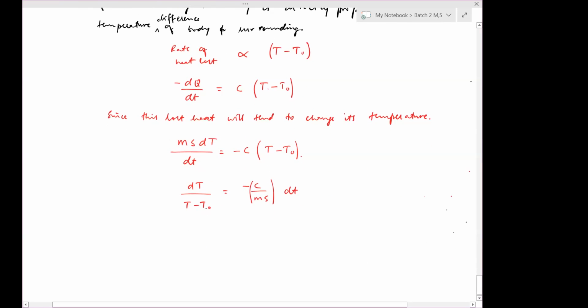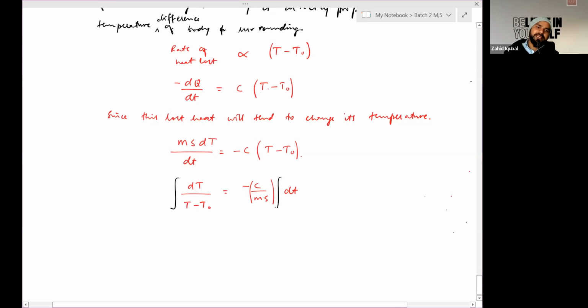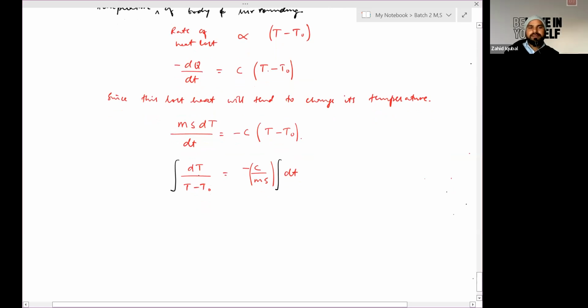Yes, sir, done. Okay. Now, on integrating both sides to find temperature, on the left-hand side we have dT by the temperature difference, since T naught is constant. So integration of this part will give you ln of T minus T naught with limits initial to final.